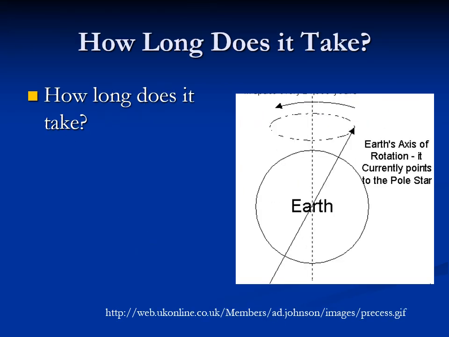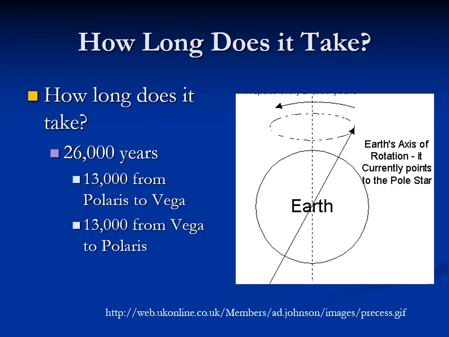So how long does it take the Earth, just like a top, to precess back and forth? When it goes from Polaris to Vega back to Polaris, it takes 26,000 years. So it takes 13,000 years for it to go from Polaris to Vega, and those are the two stars.